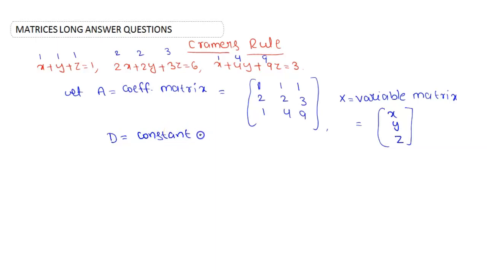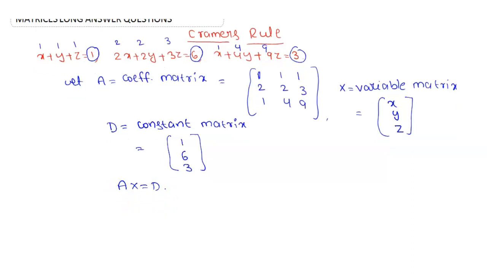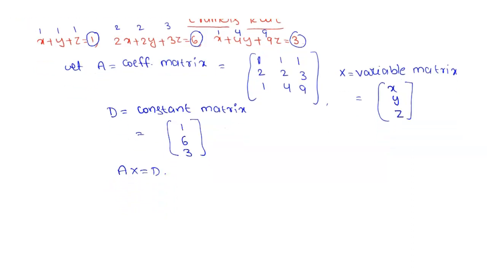Constants are given by 1, 6, 3, written in column in that order. So in general the equation is in the format of AX is equal to D.